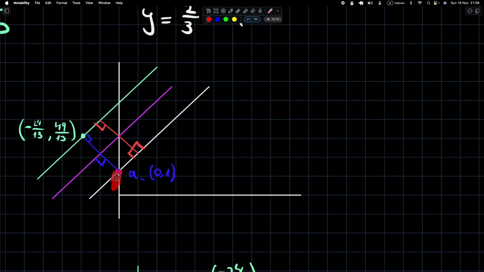I took this point on this line, and then I looked for the equation of the perpendicular line, the line which creates a 90 degree angle. When I found it, I looked for the intersection with the other line. When I found the intersection with the other line, I took the average between the two intersection points, and I got this point.